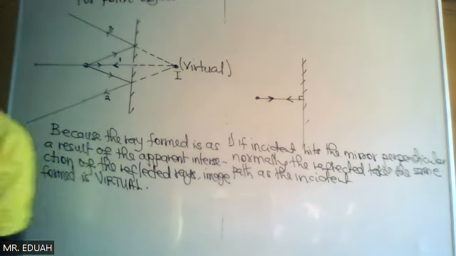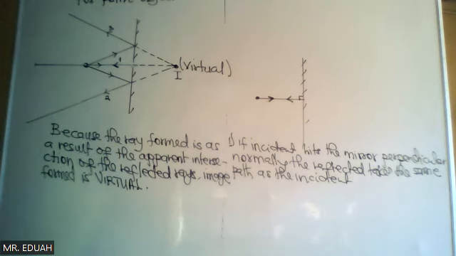So a virtual image is formed whenever two or more reflected rays appear to intersect at a point.